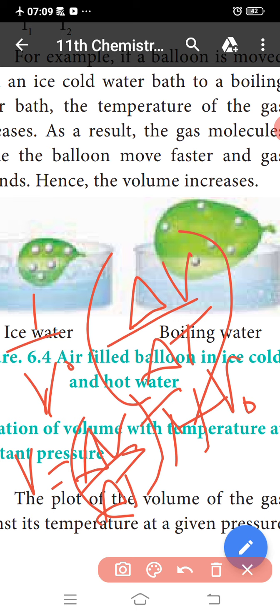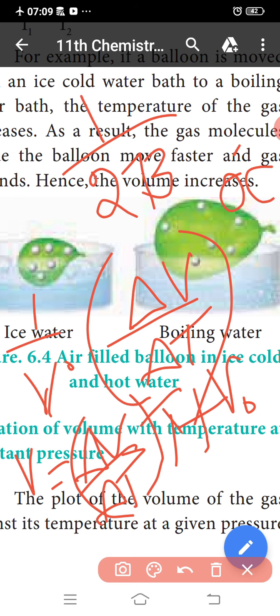They found that the coefficient of expansion is approximately equal to 1 by 273. It means that at constant pressure for a given mass, for each degree rise in temperature, all gases expand by 1 by 273 of their volume at 0 degrees Celsius. This is Charles' law.